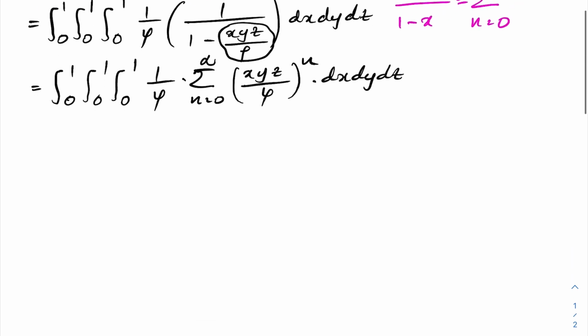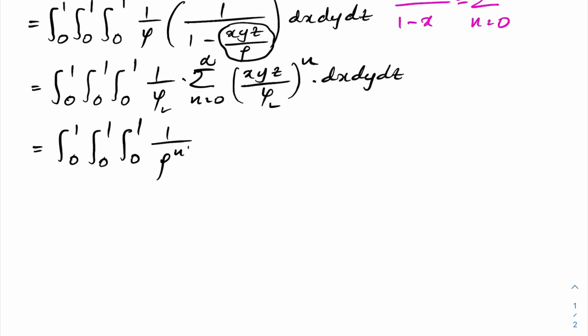Well, then we can simplify integral from 0 to 1, integral from 0 to 1, integral from 0 to 1. Now we know 1 over phi to the n times 1 over phi, so we can write 1 over phi to the n plus 1. So we have the sum from 0 to infinity of xyz raised to the n power, dx dy dz.